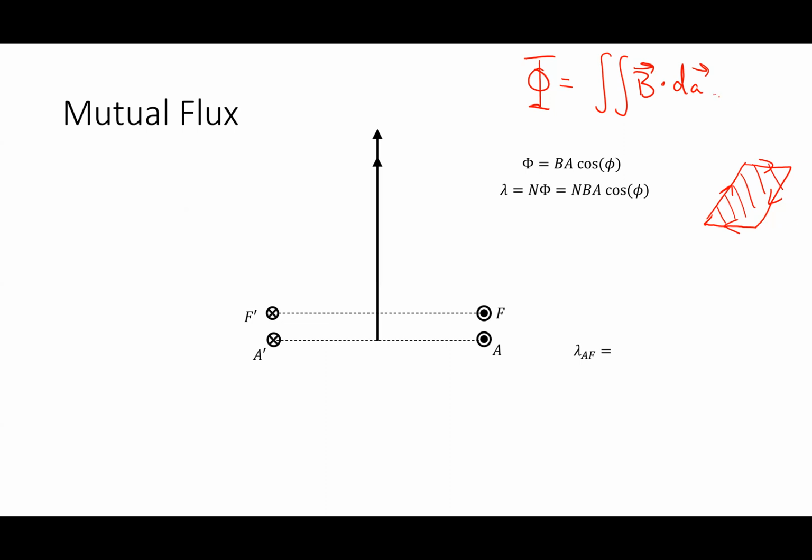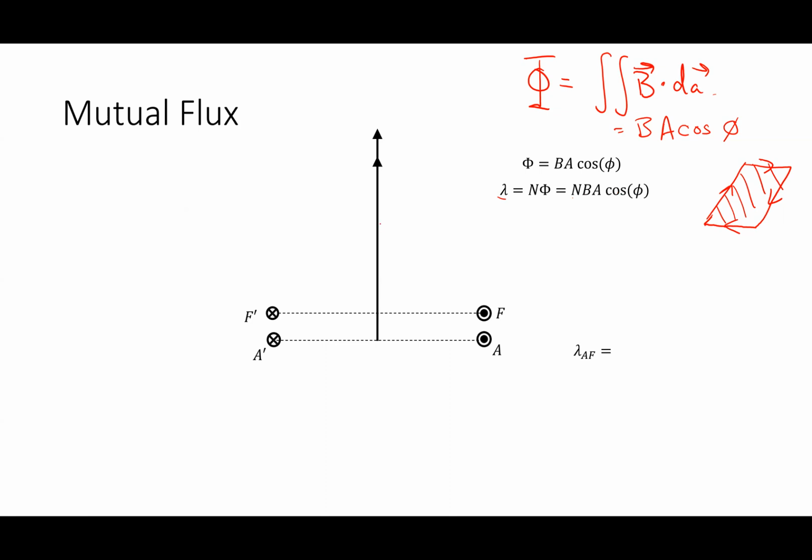B dot dA is the sum of the total magnetic field passing through that thing. If B and A are not functions of space, then this becomes BA times the cosine of the angle between them. You guys should remember that basic relationship. And if I talk about the total flux linkage, it's N times that, so it becomes NBA times the cosine of phi.